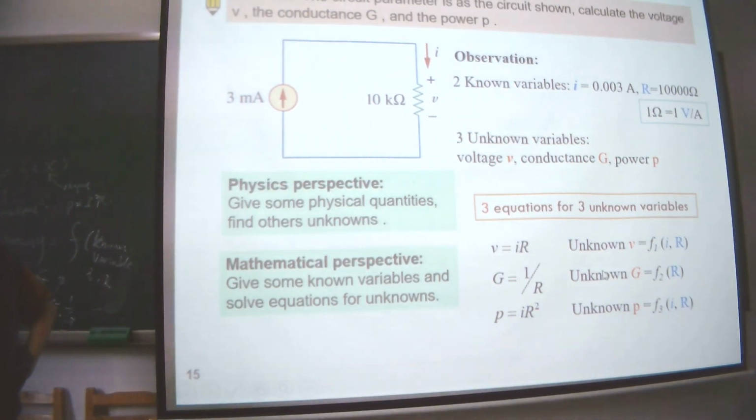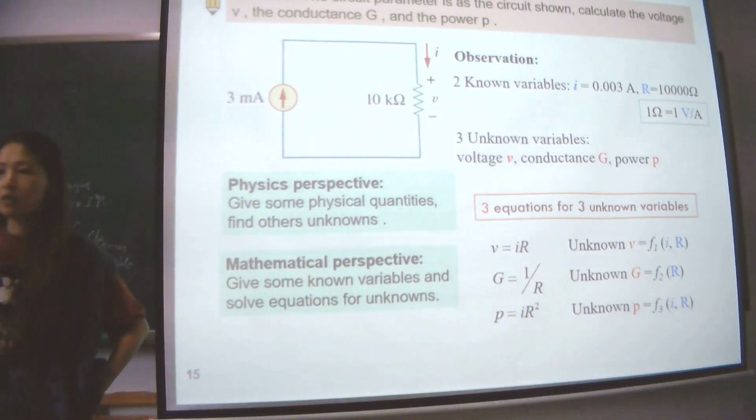Please remember this in your heart: when you're trying to solve a question and get an equation, what is the equation for? This equation is for unknown things. We're trying to make an equation of unknown things based on the known things.